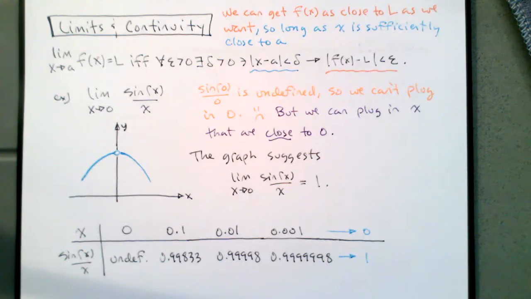So one way we have of figuring out limits is to just plug in values. Look at a graph, plug in values. Those are the same thing. One is just more visual than the other.